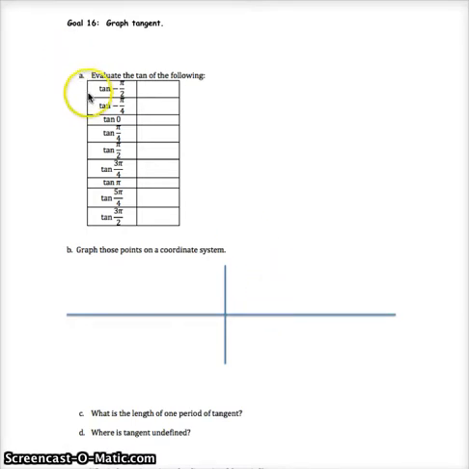So what I'd like for you to do is either take out your unit circle or, from memory, evaluate each of these trig functions. For example, I'll do the first one with you. This asks for the tangent of negative pi over 2. I know that if I look at the unit circle, negative pi over 2 is at 270 degrees, or the negative y-axis.